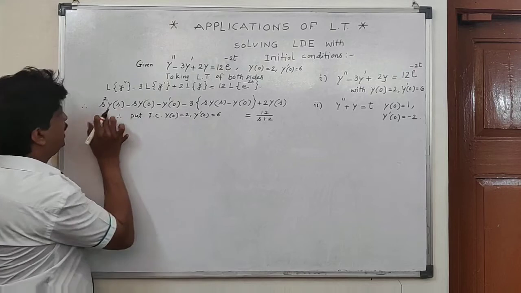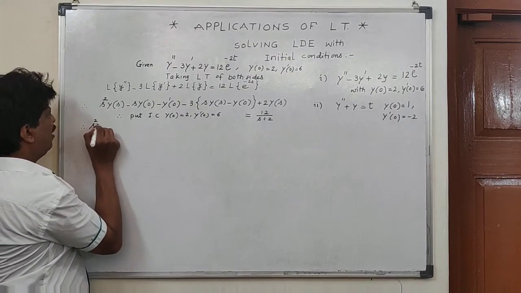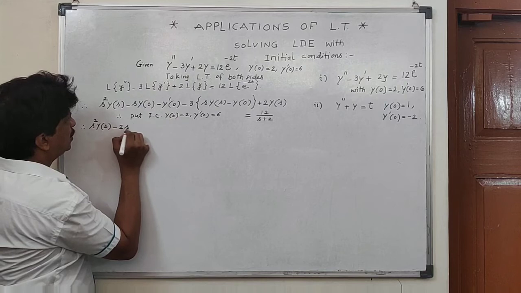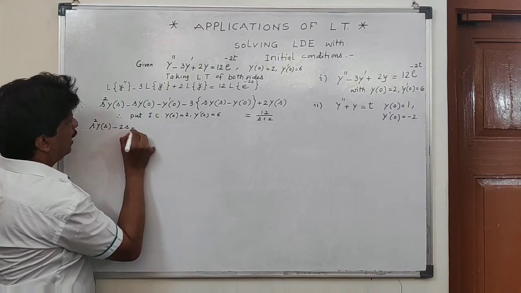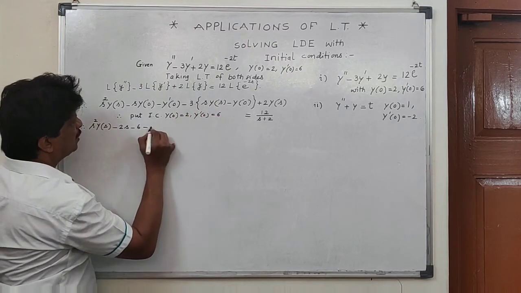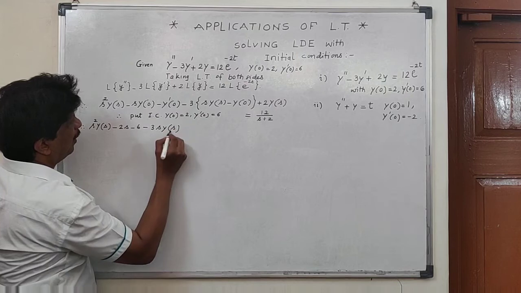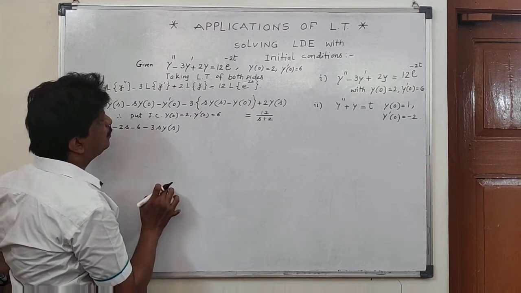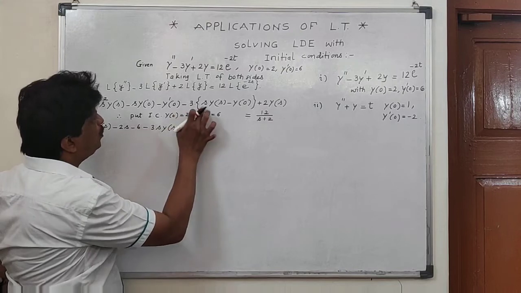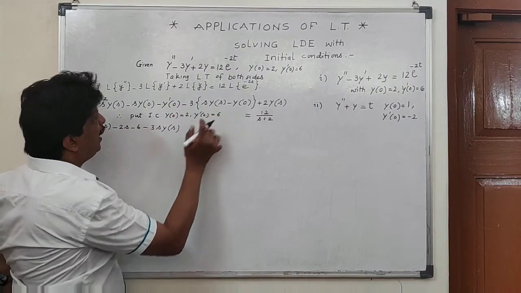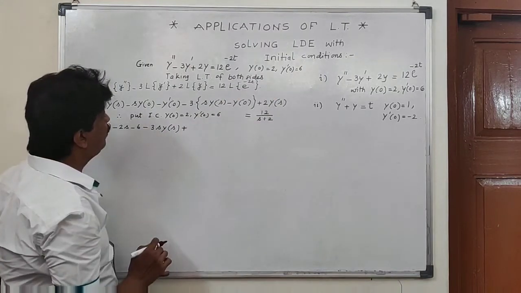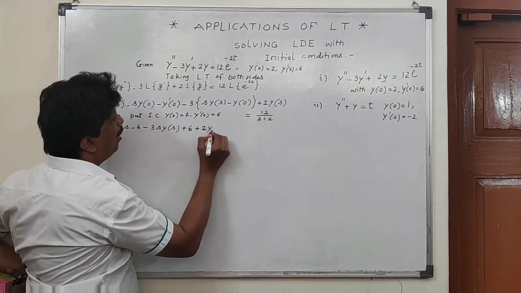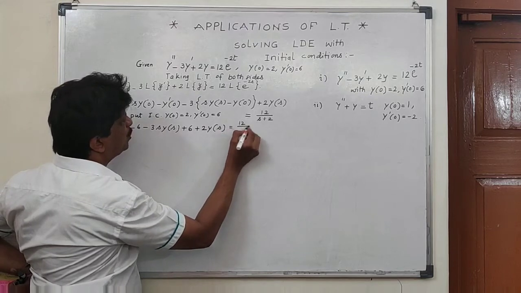So s square y of s minus s times y of 0, which is 2, gives 2s. Minus y prime of 0, which is 6. Then minus 3 times s y of s minus y of 0, minus minus plus 3 into y of 0, which is 3 into 2 is 6, plus 2 y of s is equal to 12 upon s plus 2.